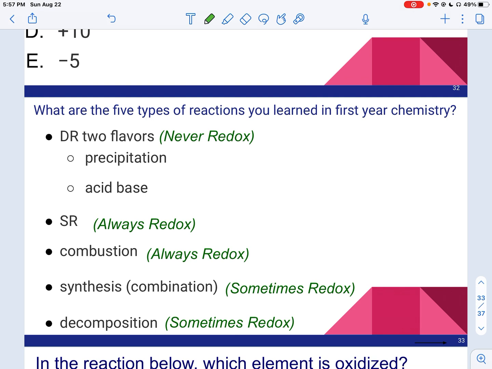Single replacement always is, because single replacement always has at least one element in its elemental form, and then it forms a compound on the other side. So it changes its oxidation state. Combustion, same thing, because oxygen, O2, is always in elemental form in combustion. So synthesis and decomposition, if you're talking about redox, those are the only ones you have to actually look at the oxidation states for.